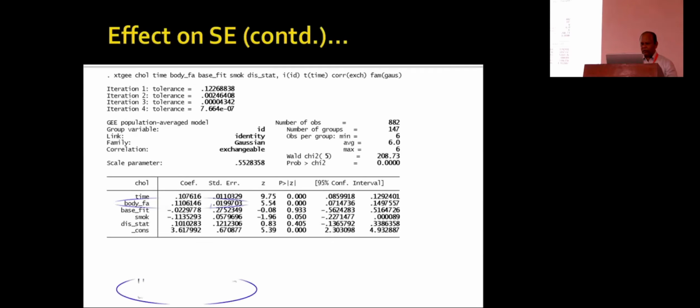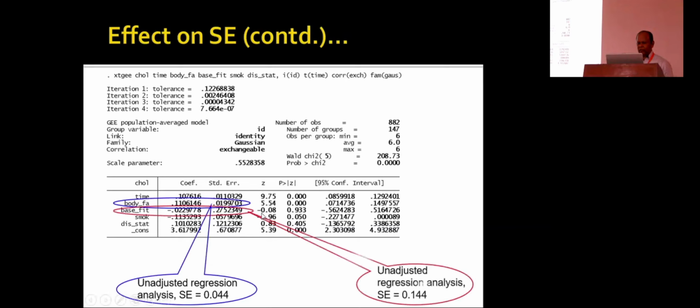Now, this is your unadjusted regression standard error, 0.04. Here, this is 0.01. Body fat was not measured over a period of time. Okay, therefore, this is one scenario. Another one is where body fat is measured over a period of time.